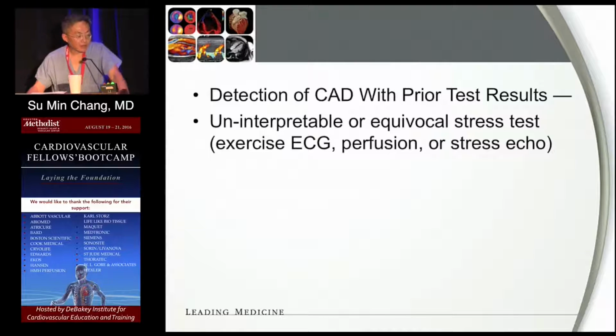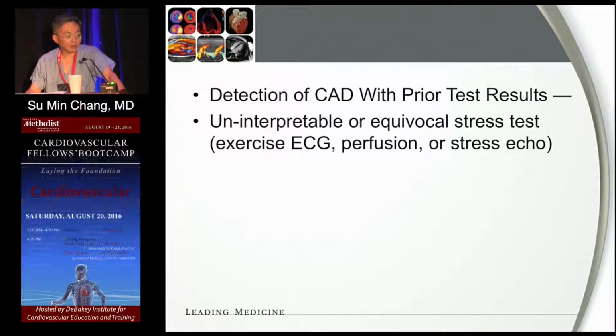Okay, so another indication is if you have a prior test result that is equivocal. This is, again, I would think, for insurance approval purposes, because when you work in a hospital environment, you order a test and pretty much most of the CTs will get done, right?